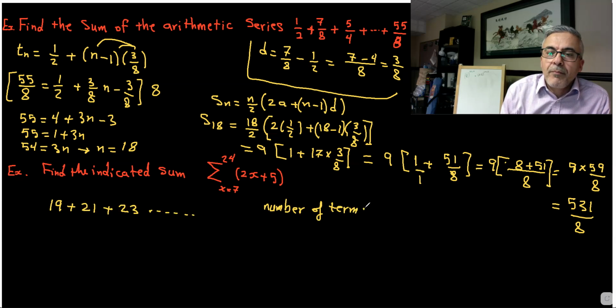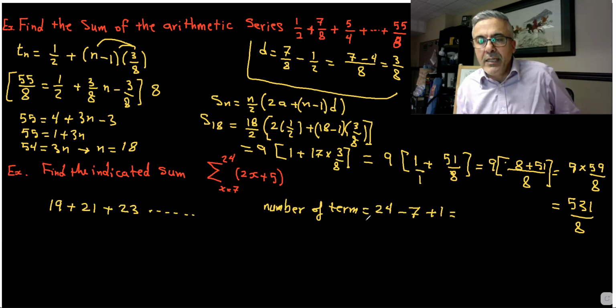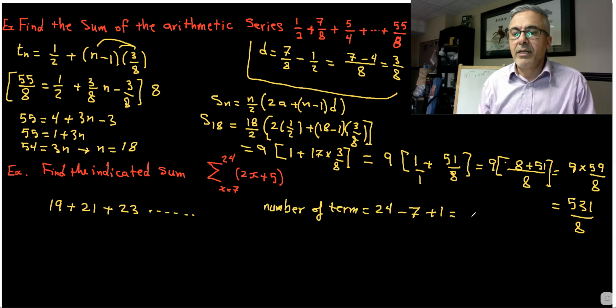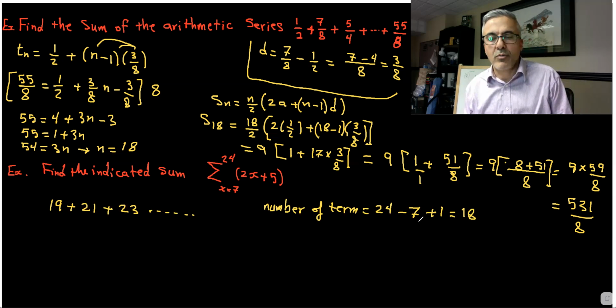What you do, you take the upper bound, which is 24, minus the lower bound, which is 7, and you add a 1 all the time. So 24 minus 7 is 17, and 17 plus 1 is 18. So funny, we had 18 terms in this one, and this one has 18 terms as well.